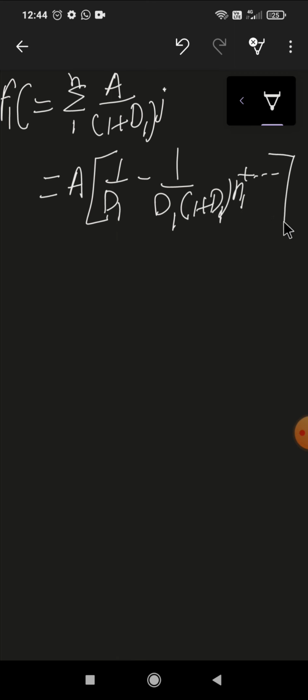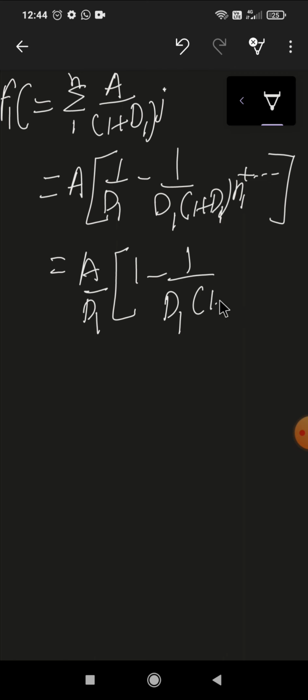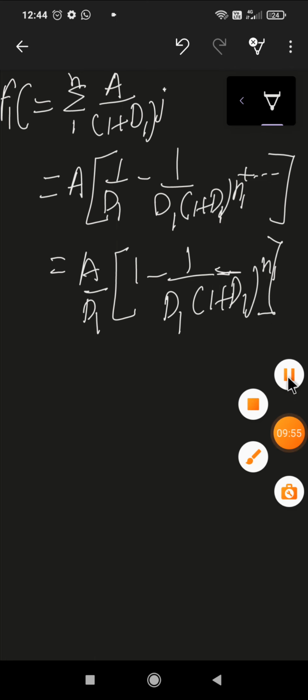So our formula becomes a upon d1 into 1 minus 1 upon (1 plus d1) raised to n1. This is our formula for the amount of loan which we have taken.